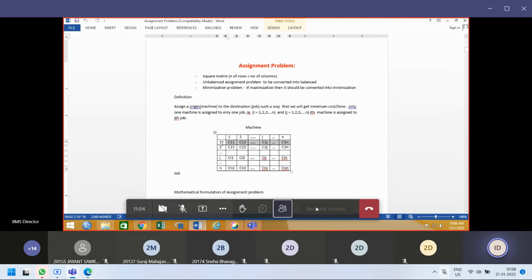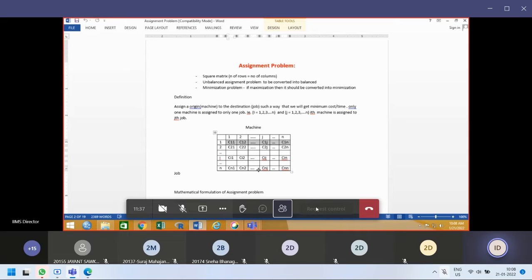That means if you assign the first job to the first machine, the cost will be C11, and this cost may be in terms of money, time, or any other parameter, right? It is not necessary that the cost should be in rupees only. Maybe a time minimization problem is there, right? We are assigning a particular machine by considering its original cost.